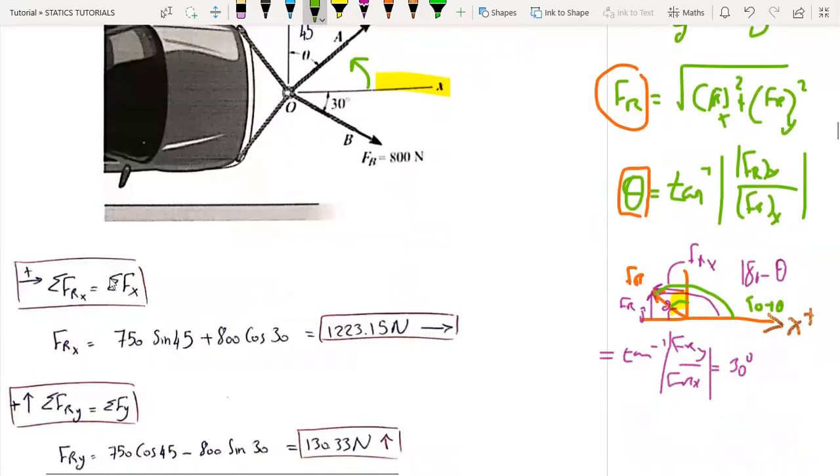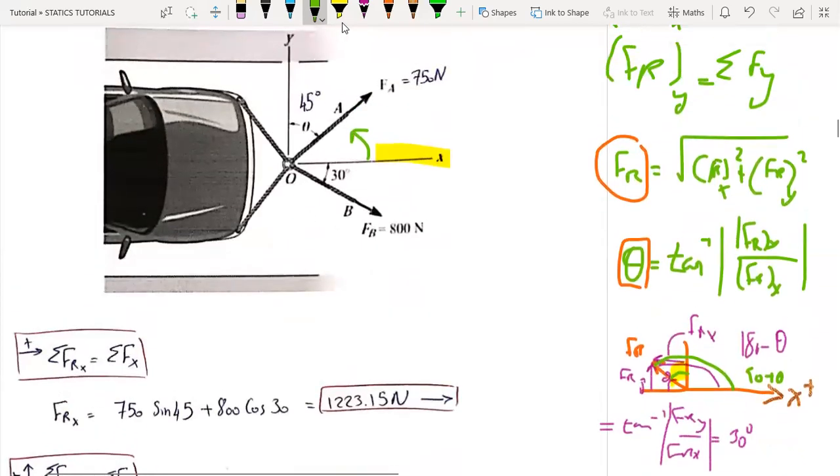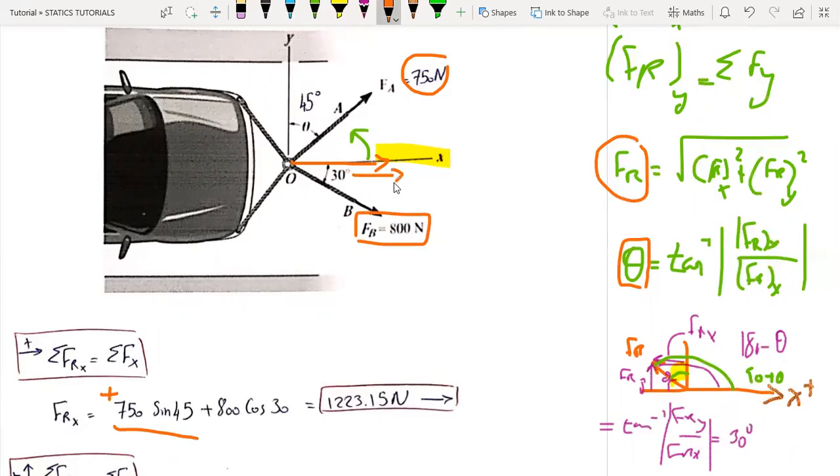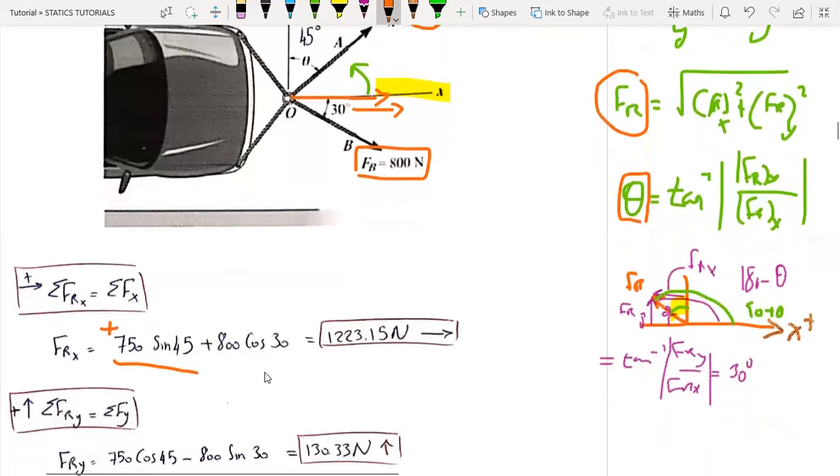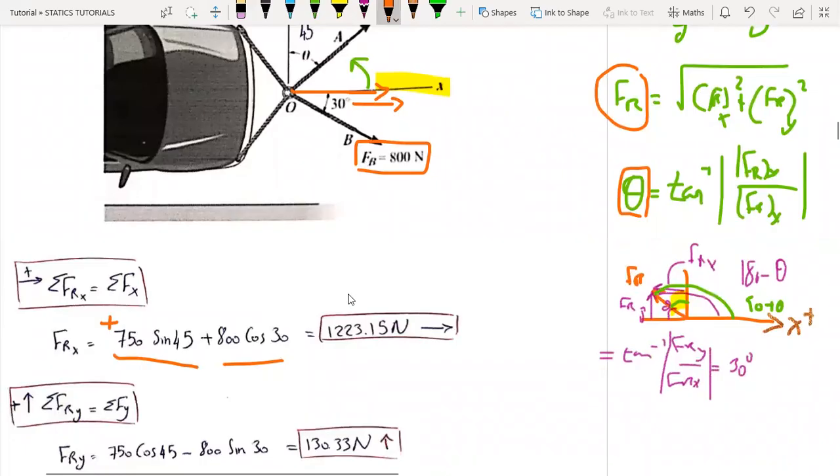So simply taking the summation of all the components in the x direction, this force 750 newtons sine 45 will give us the component in the positive x direction, so plus 750 sine 45. Also this force 800 cosine 30 will also give us the component in the positive x-axis, so plus 800 cosine 30, and we will get the result. Since the result is positive, it is acting in the positive x-axis.